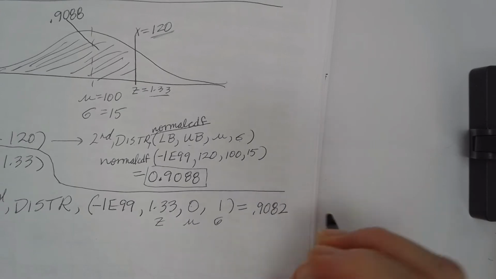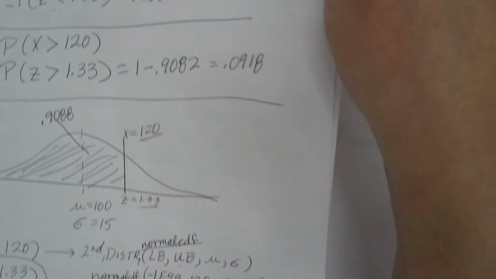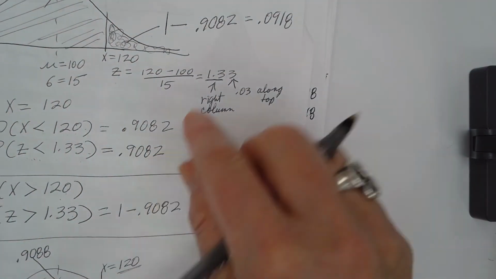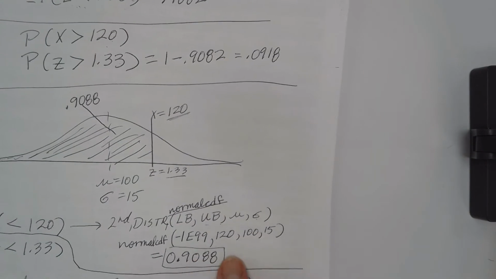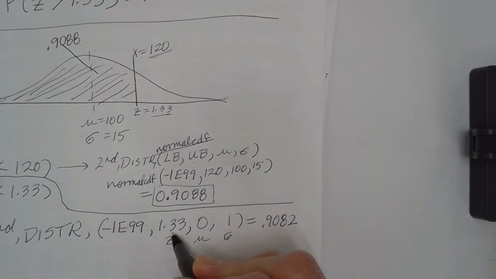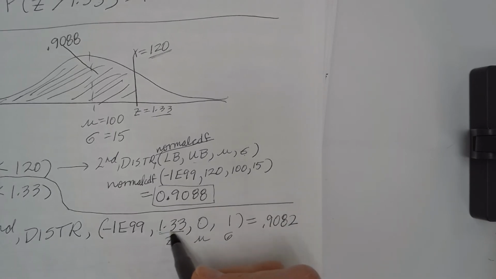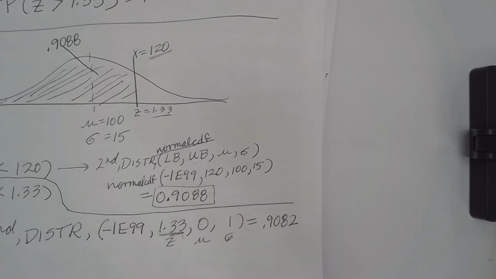0.9082. So why did we get 0.9082? The same thing that we got from the table here, but not here. Because we put in a rounded z value, right? So that z-score is a rounded number. So we put in the same value that we use on the table, which is 1.33.